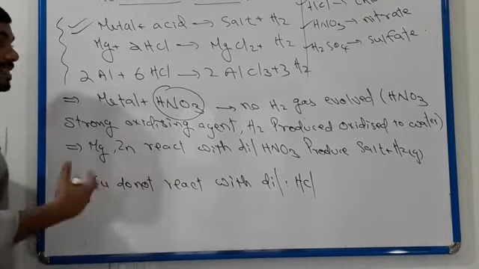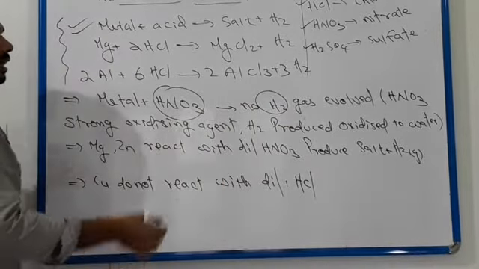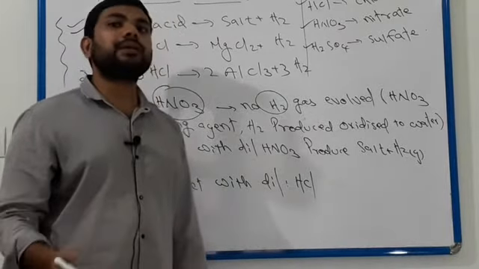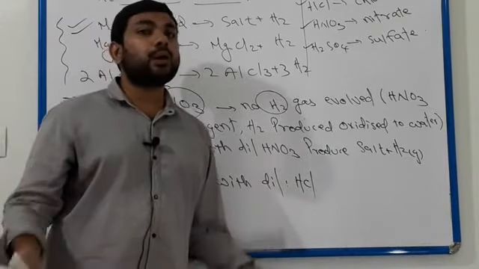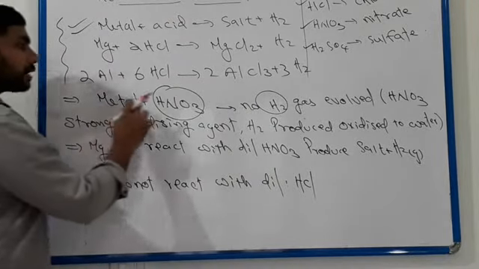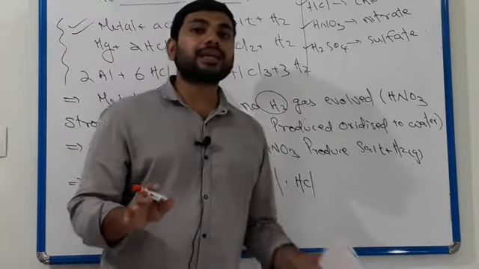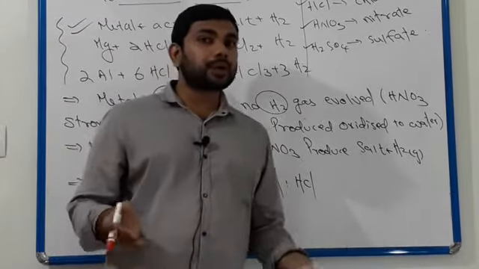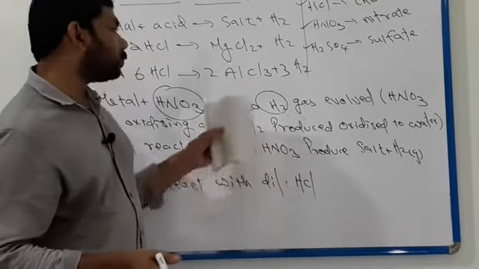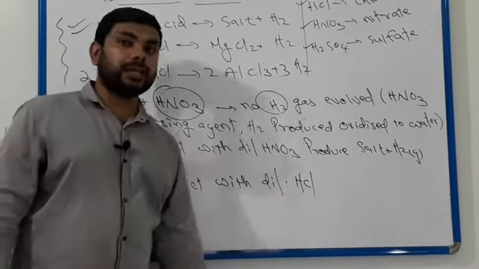The hydrogen gas produced is immediately oxidized to water. That's why we cannot observe hydrogen gas. Clear? So remember, when metal reacts with nitric acid, hydrogen gas is not observed, because it is immediately oxidized to water, since nitric acid is a strong oxidizing agent.